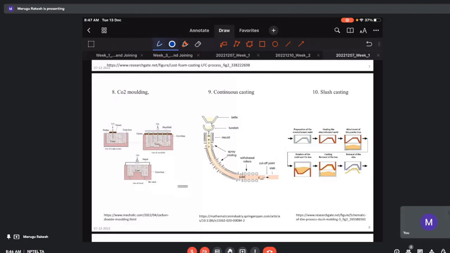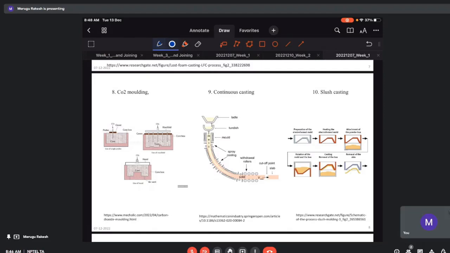CO2 molding is where we have clay mixed with some type of chemical, like sodium silicate. When CO2 gas is purged into it, it converts into silica gel, which is strong enough to bear the load of the castings.